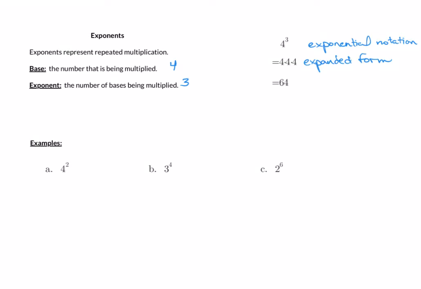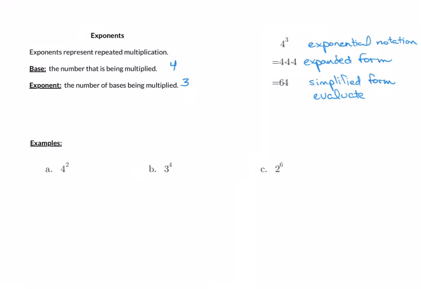We want to expand it out. So we're going to write it with just multiplication. And the last thing that we have is simplified form, or evaluate. So if it asks you to simplify or evaluate the exponent, then you need to actually state what it is equal to.